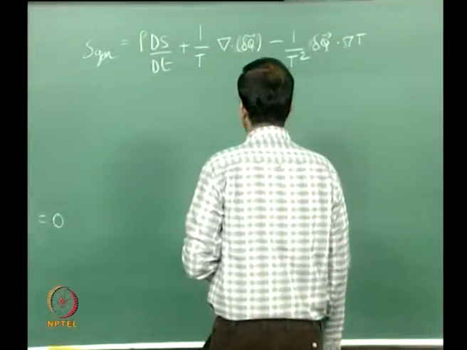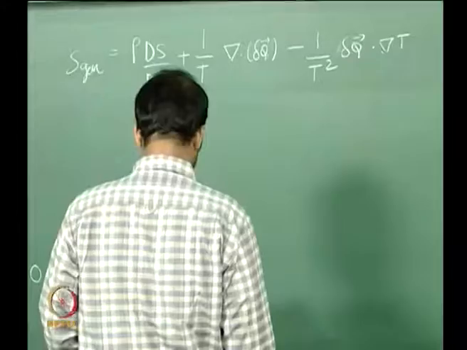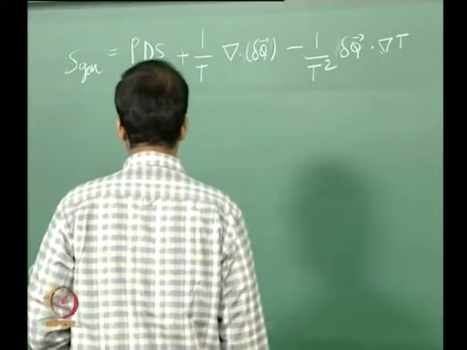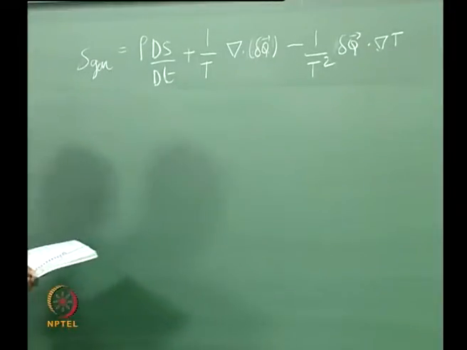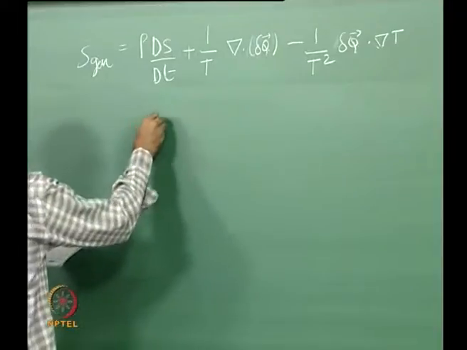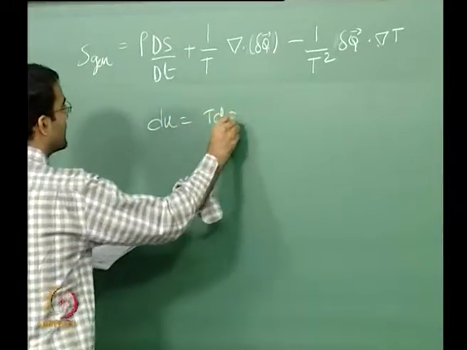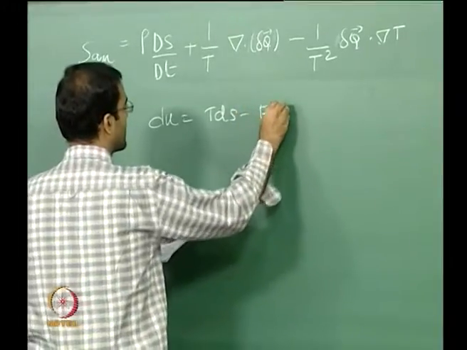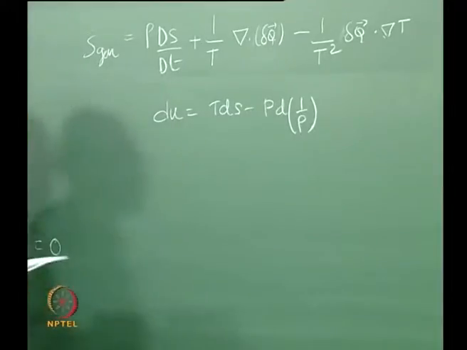So now I am going to invoke one of the Gibbs theorems, if you can remember. For a closed system again, you know that du is equal to Tds minus Pdv, okay. I am going to write it as P d of 1 by rho, okay.